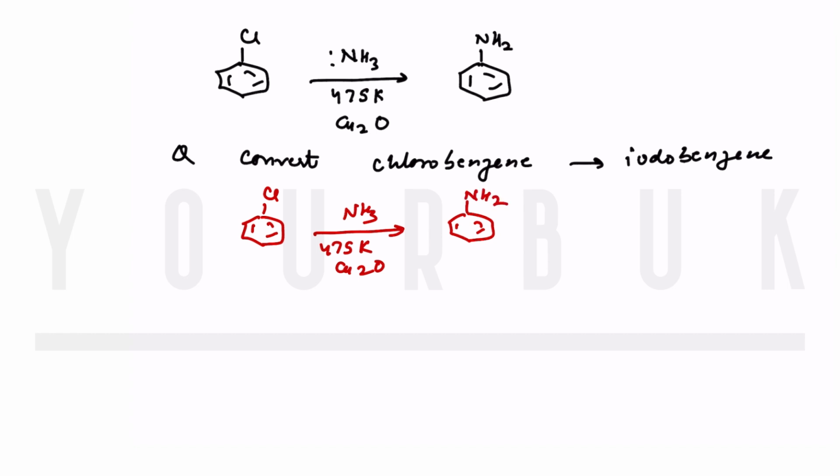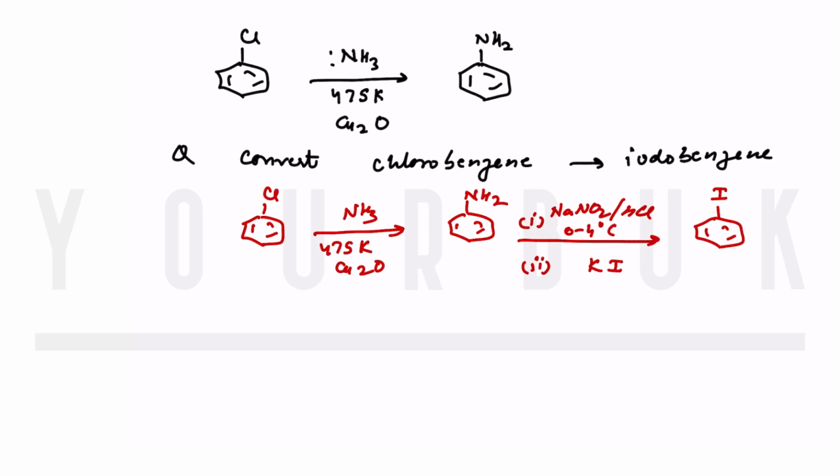Then via diazonium, I'm combining two steps into one, using NaNO2, hydrochloric acid in ice cold solution followed by reaction with KI. It gives iodobenzene. But many students write chlorobenzene into iodobenzene using sodium iodide in dry acetone. That is the Finkelstein reaction. But remember, the Finkelstein reaction is given only by haloalkanes, not halobenzene.